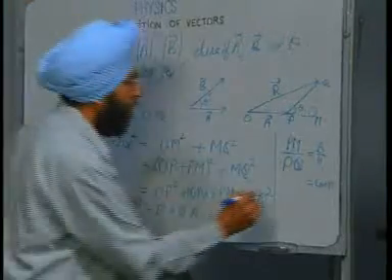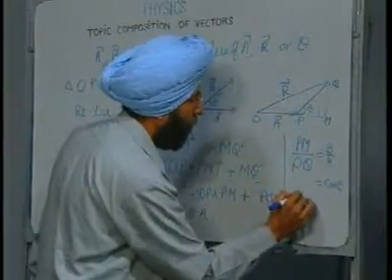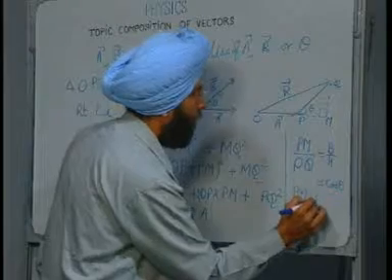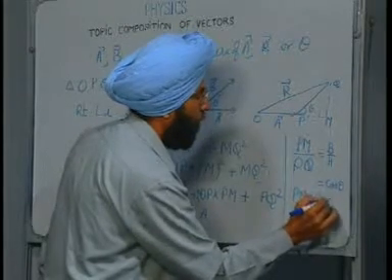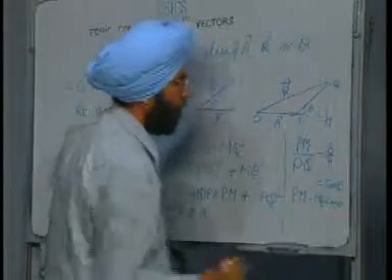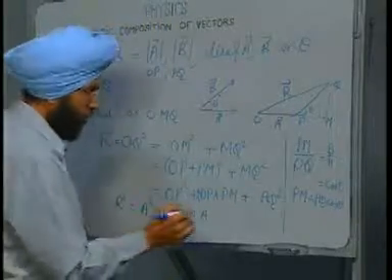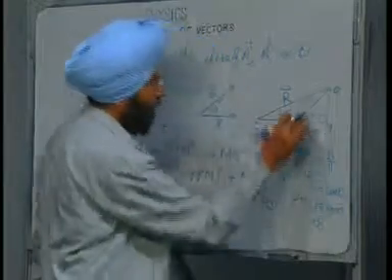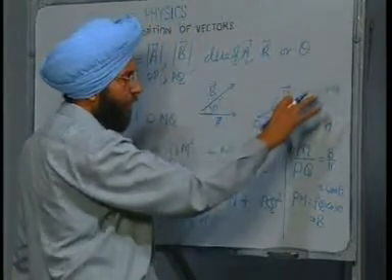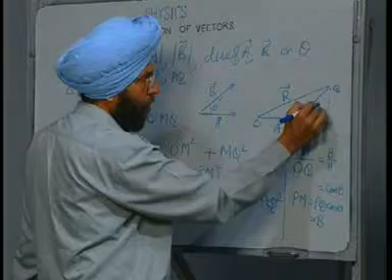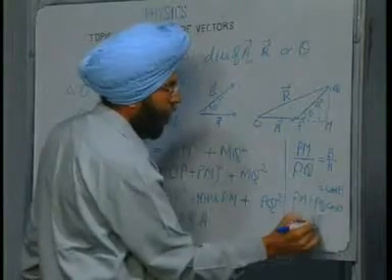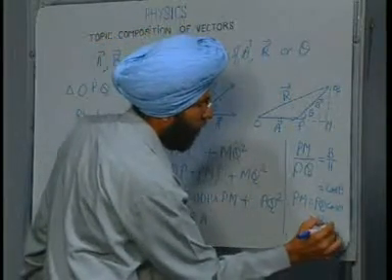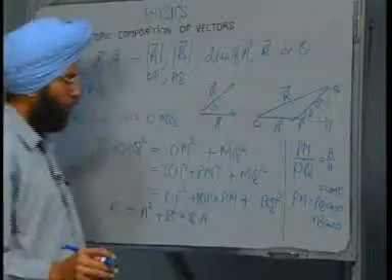So, PM is equal to PQ cos theta. So, we can substitute here. PQ vector represents B vector, so PQ is magnitude of B, B cos theta.